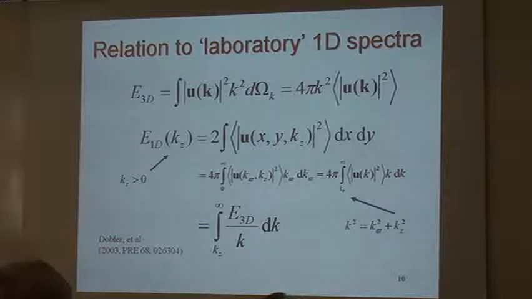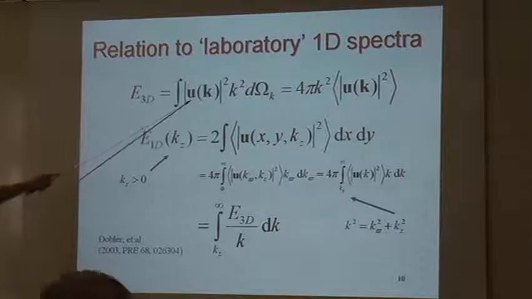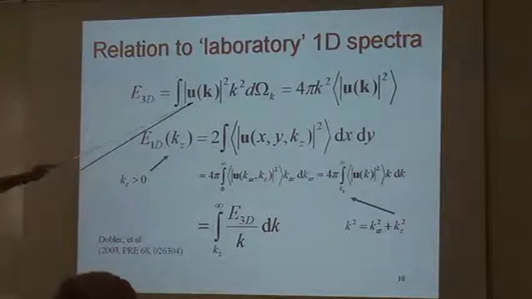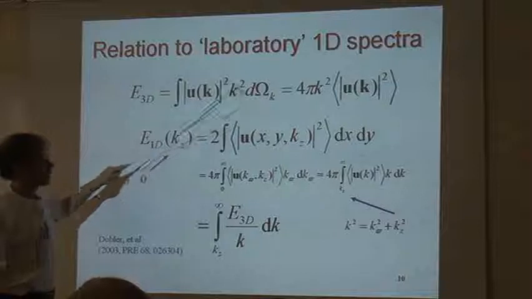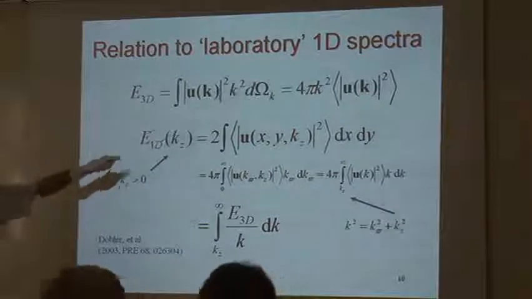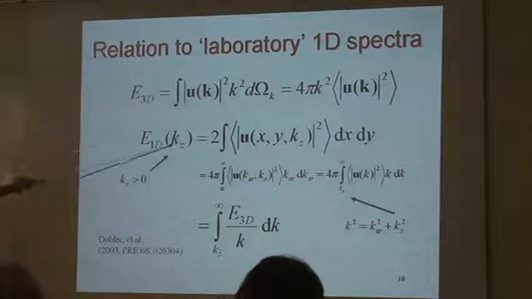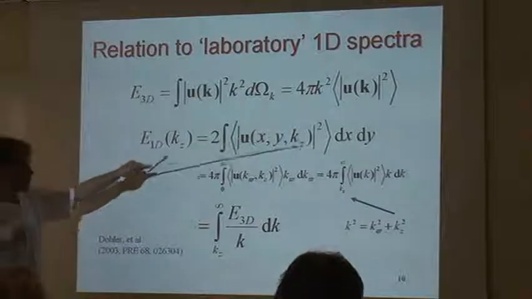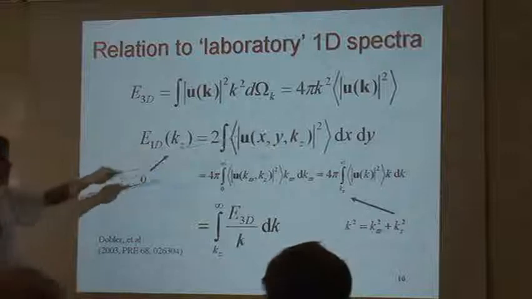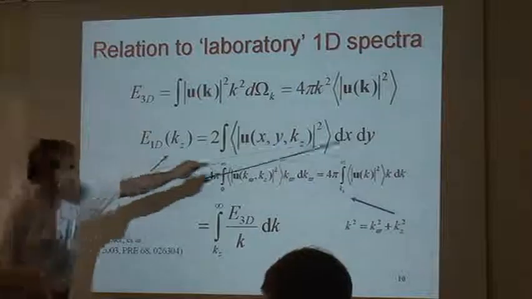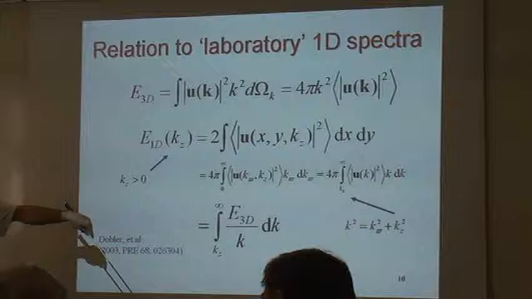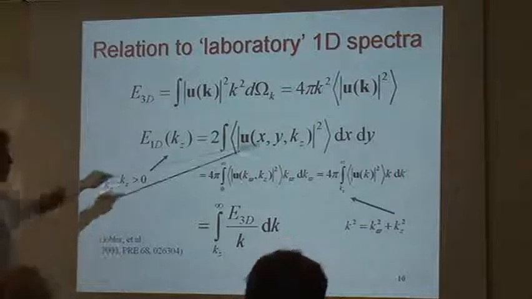And the result you see quite easily here. In 3D, what we do is we do the power spectrum by calculating the Fourier transform in 3 dimensions and averaging over or integrating over spherical shells, as it's done here. If you compare this with the one-dimensional power spectrum, what we do is we just do a Fourier transform in the z direction in this case, and we use an integration over the x and y directions in order to enhance the statistics by averaging over several pencils.